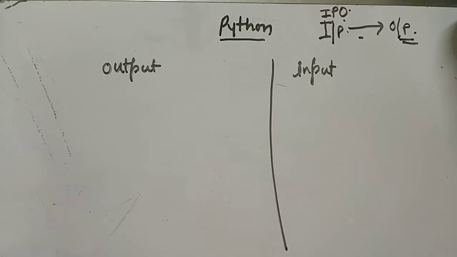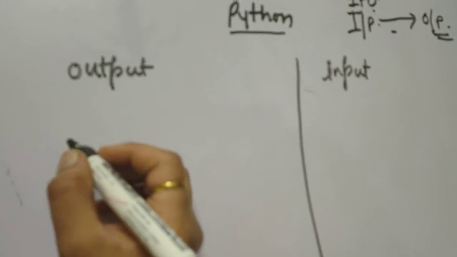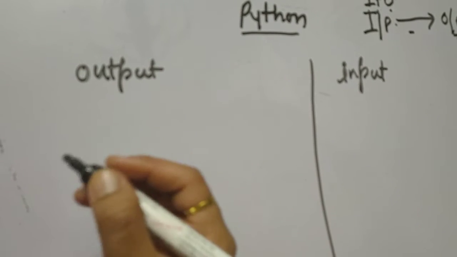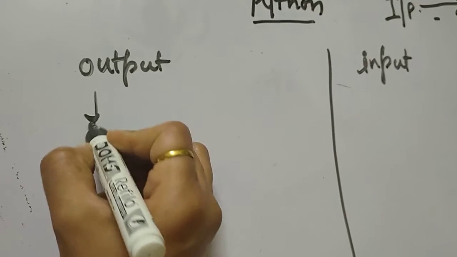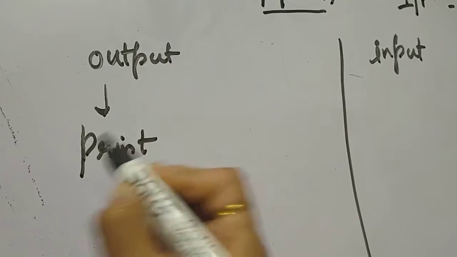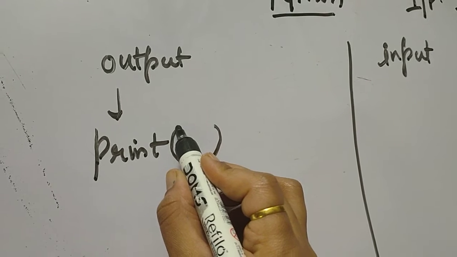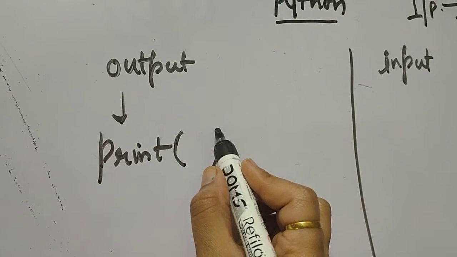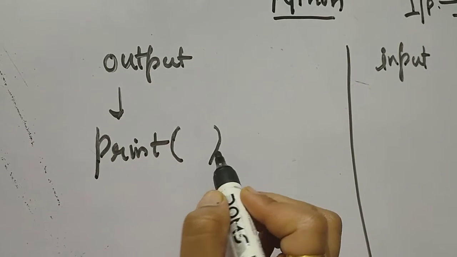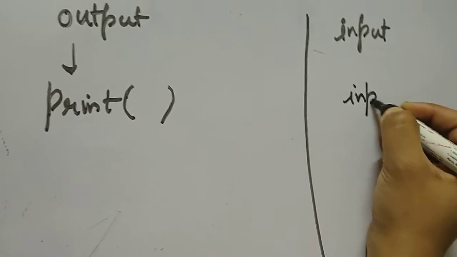So we should know how to take input and how to display output to the user. For output we have the print function. This is a small p, keep in mind, and these are brackets; anything followed by these brackets is a function. And for input we have the input function.